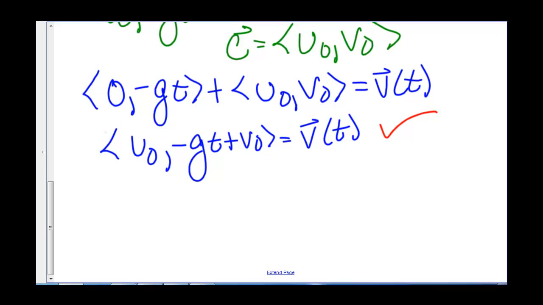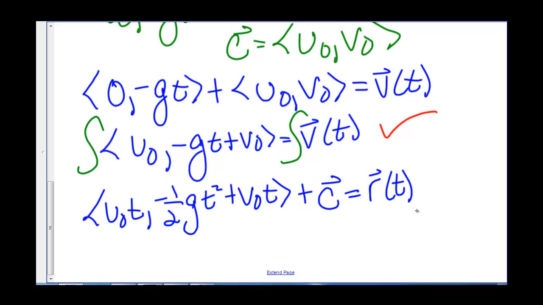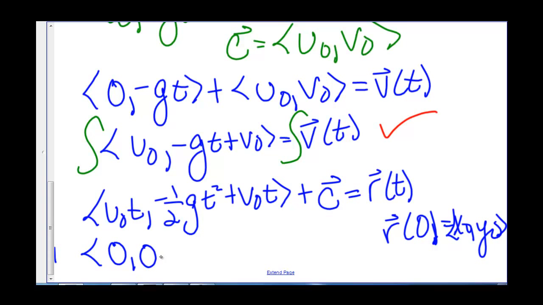So how did we get position? Well, we took the antiderivative again. Integrating again, we get (u naught t, negative 1/2 gt squared plus v naught t) plus a constant vector c equals the position vector r of t. We know that r of 0 equals (x naught, y naught). So if we plug in 0, we get (0, 0) plus c has to equal (x naught, y naught).